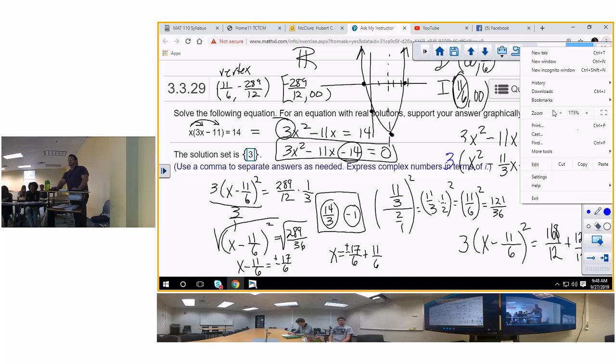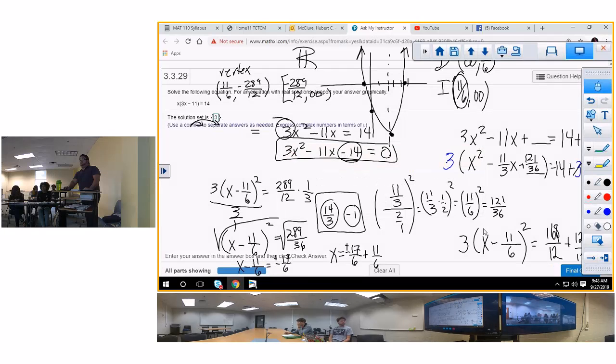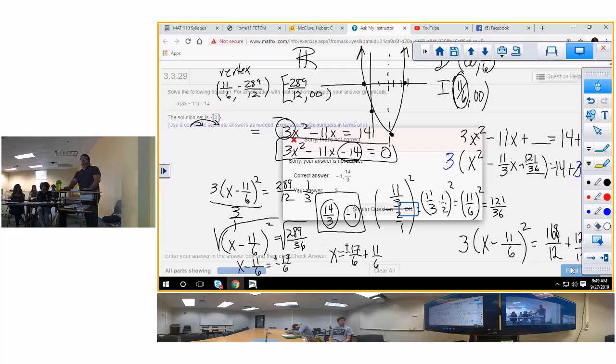I don't understand why they don't like several solutions for one. Because that's the difference between a math teacher putting in the answers and a computer programmer putting in the answer. The computer programmer is not even thinking about math when they punch in the answers. Okay, I got -1 and 14/3. Look at that. We feel good about ourselves.